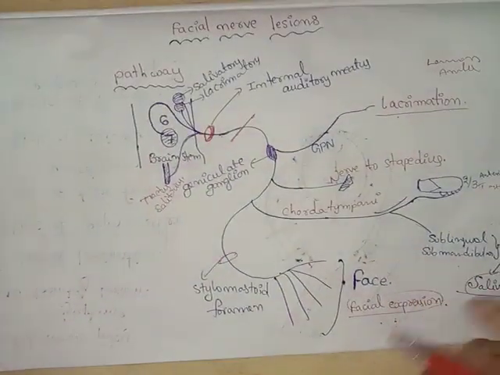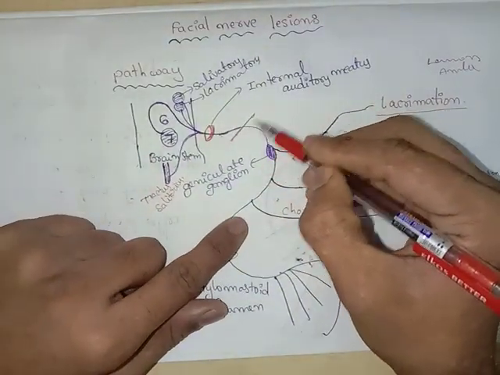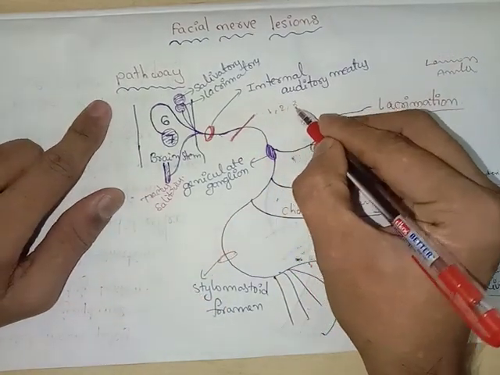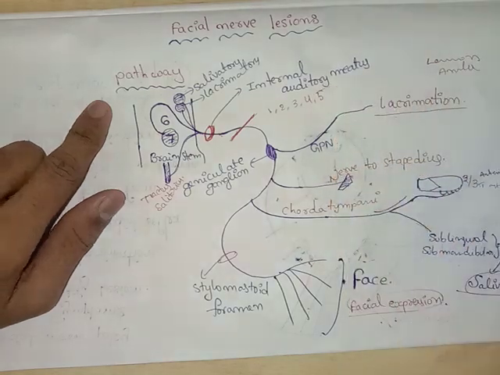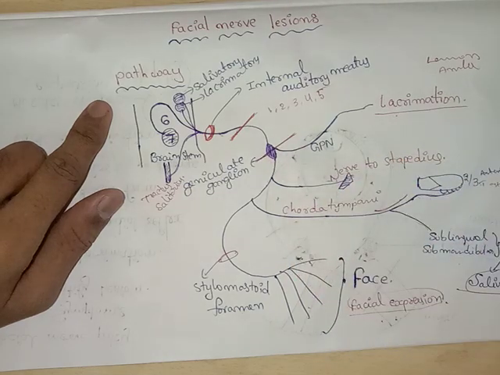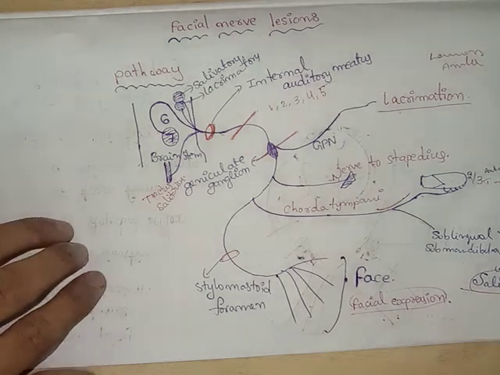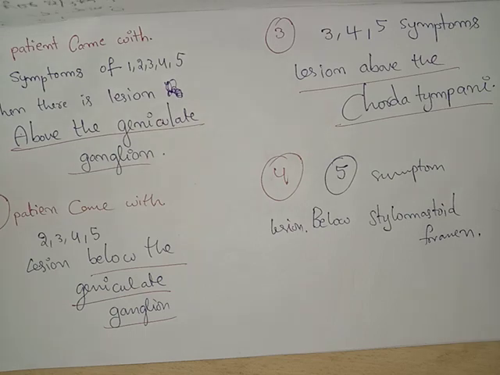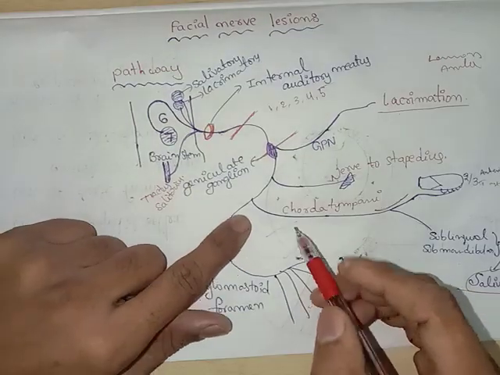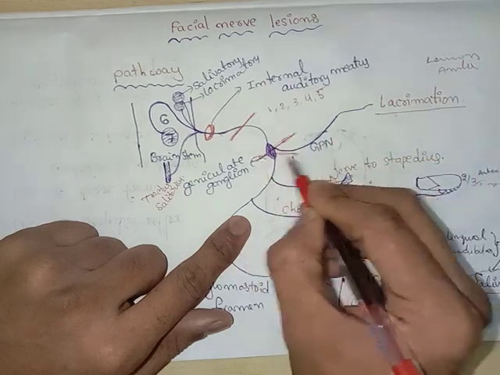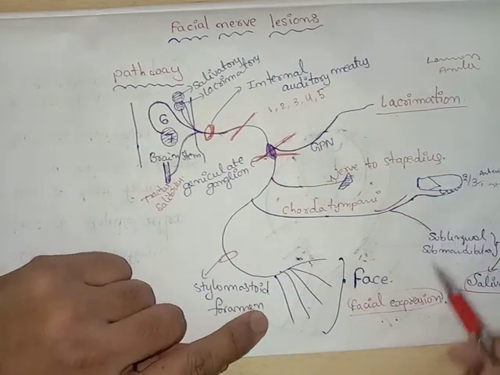If there is a lesion here, you have all five. If the lesion is here, you have the remaining four.